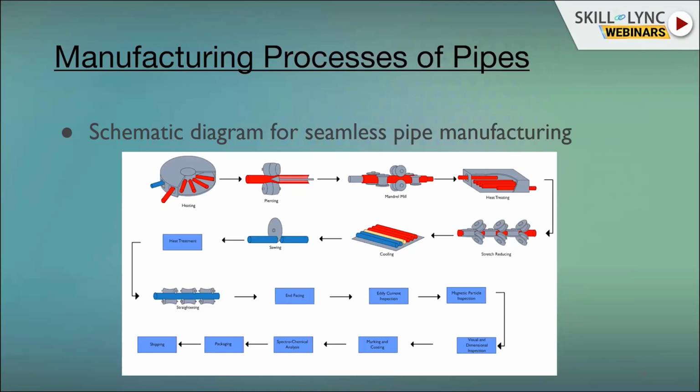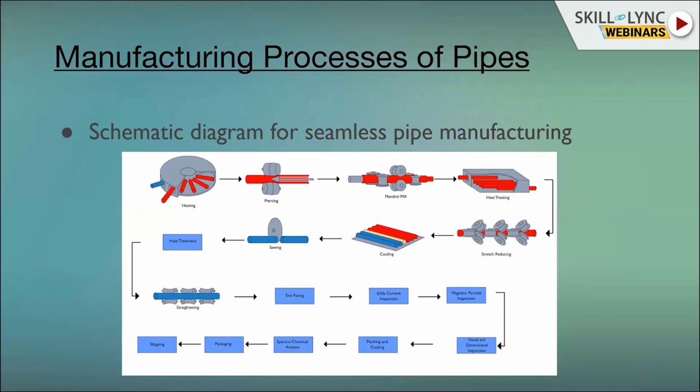The third is the mandrel mill. In the mandrel mill, the pipe is passed through a series of rollers, in which your diametrical tolerances, your ID and OD, will be controlled and the desired dimension will be attained.